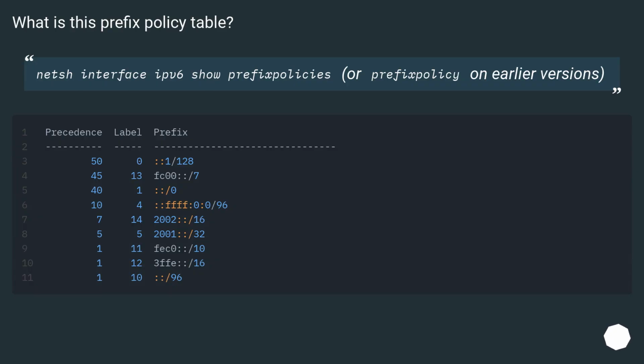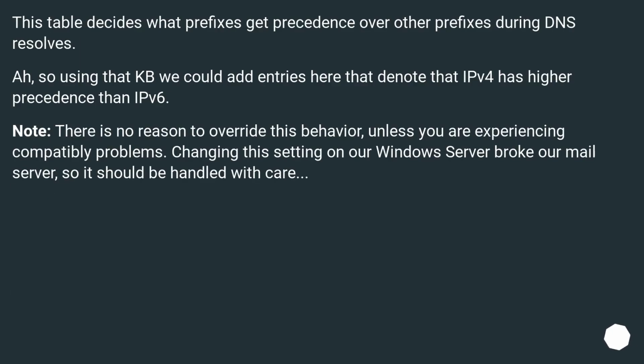What is this prefix policy table? netsh interface ipv6 show prefixpolicies, or prefixpolicy on earlier versions. This table decides what prefixes get precedence over other prefixes during DNS resolves.